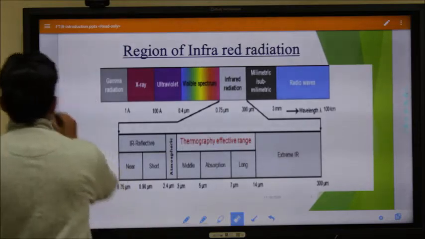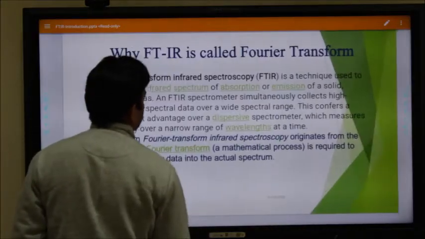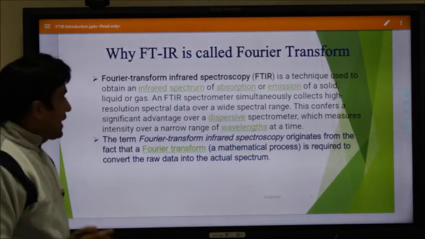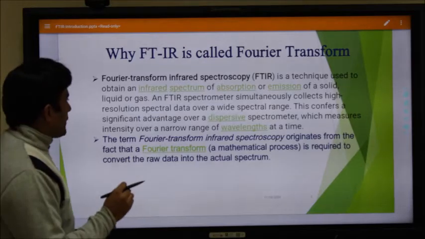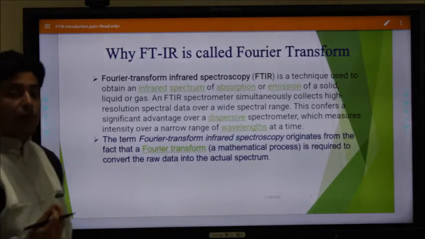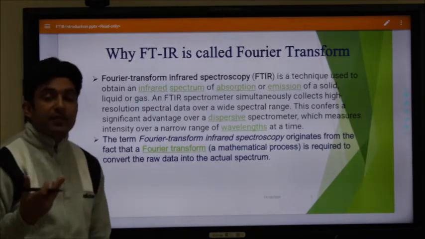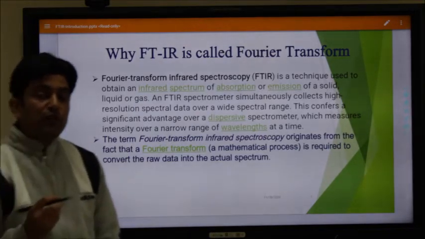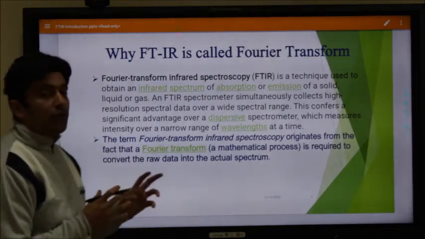Now let's move on to our next slide. Why is FTIR called Fourier transform spectroscopy? First of all, we should know what the uses of the Fourier transform infrared spectroscopic technique are. This technique provides us information about the different types of functional groups present in an unknown compound.